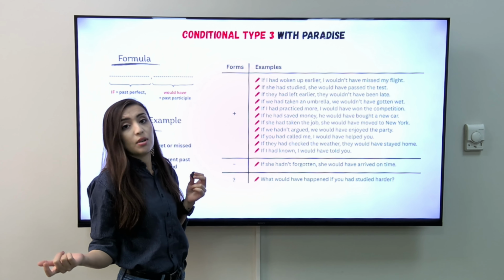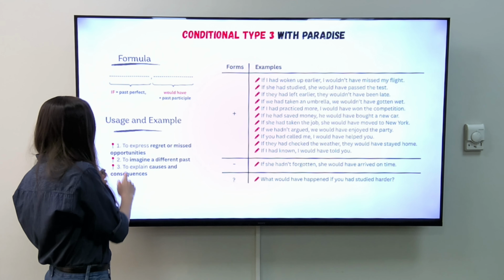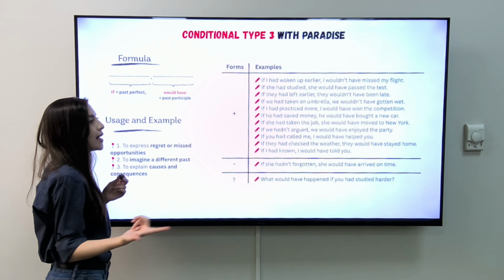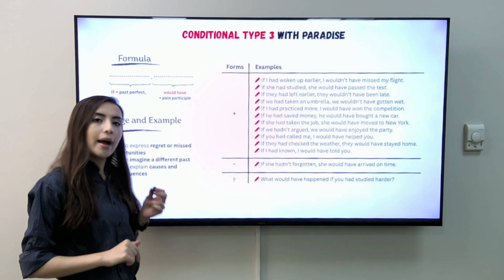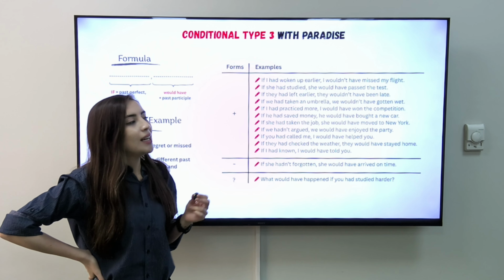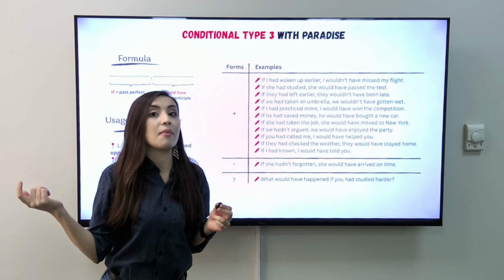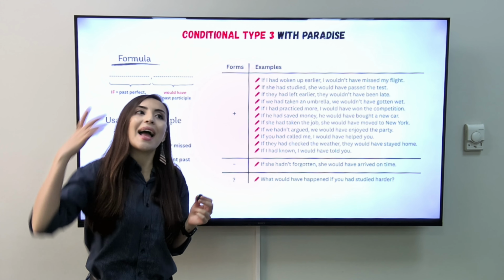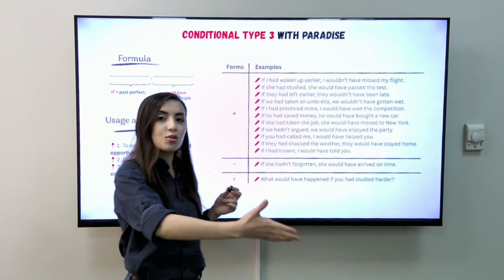Because I missed an opportunity. I regret it. You see? To imagine a different past, somehow they are the same. Why? Because when I say I regret doing something, it means that if now I was in the past, I would have done something different to have a different result, to have a different outcome.